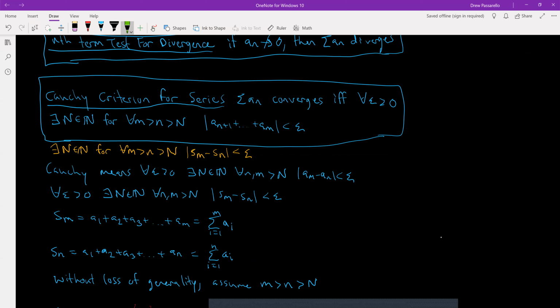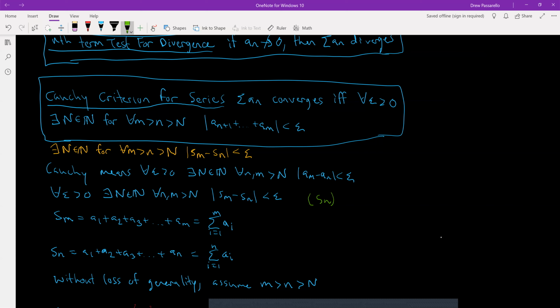So we look at the sequence of partial sums and apply this Cauchy definition for convergence of a sequence. In this case, our sequence is the nth partial sums. So there will be, for all little n and m bigger than capital N, the absolute value of S subscript m minus S subscript n less than epsilon.